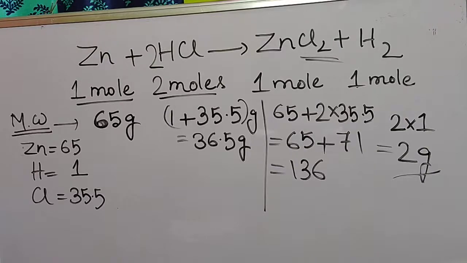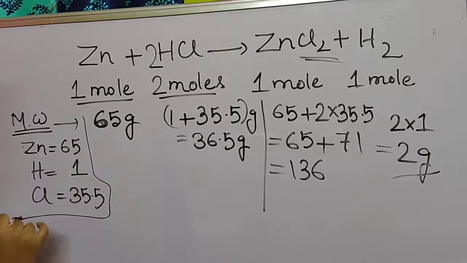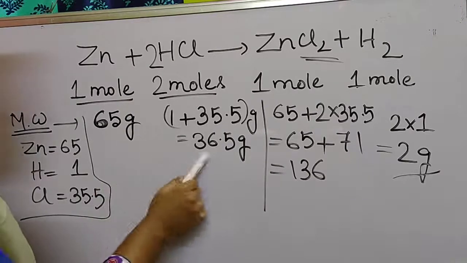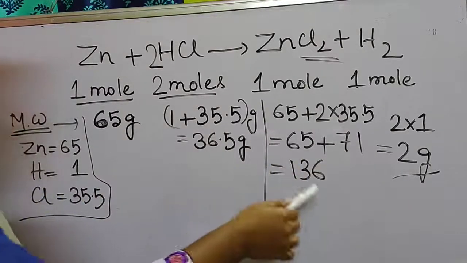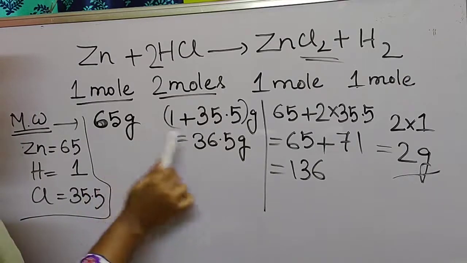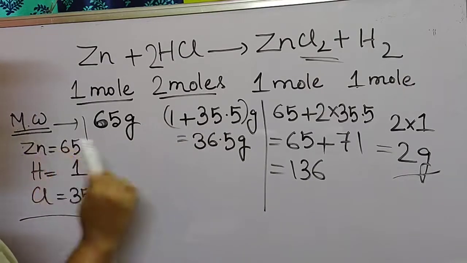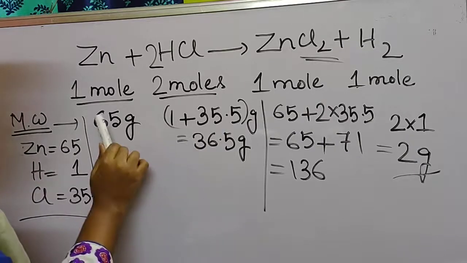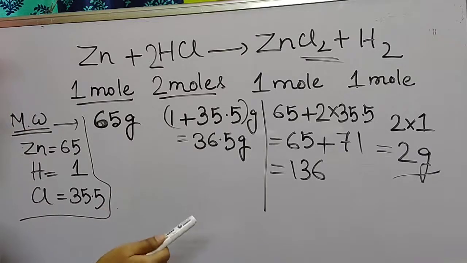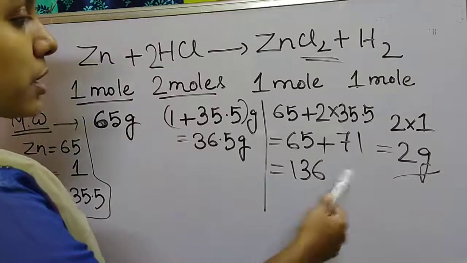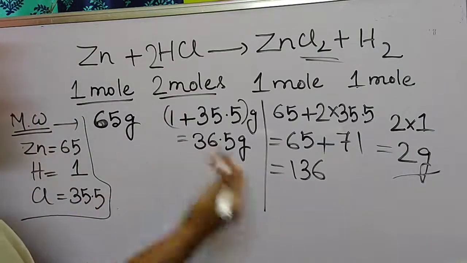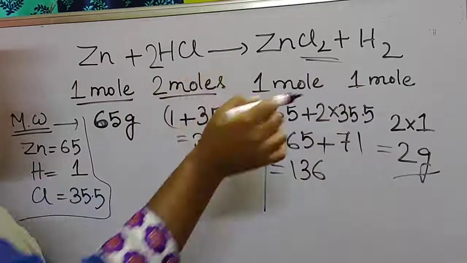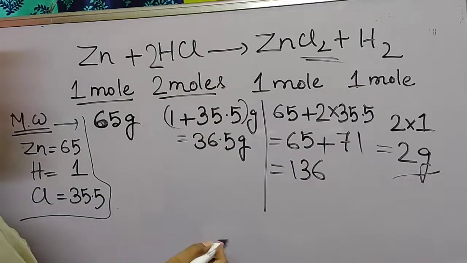Now we have to check. See why balancing is necessary. If you add the two sides, the amounts will not be equal. 65 plus 36.5 gives 101.5, and that is less than the other side. So first we have to balance the equation to get the proper number of moles or molecules, then we have to add them.